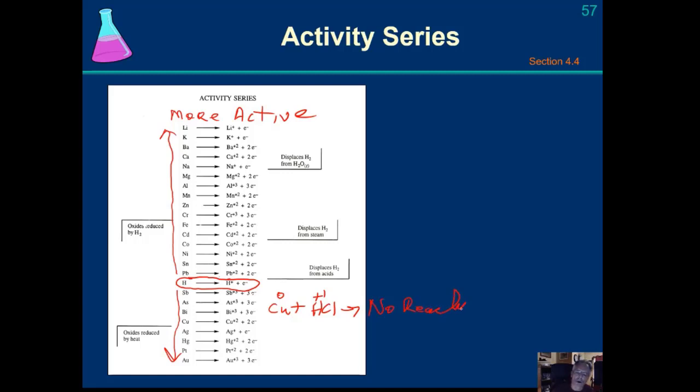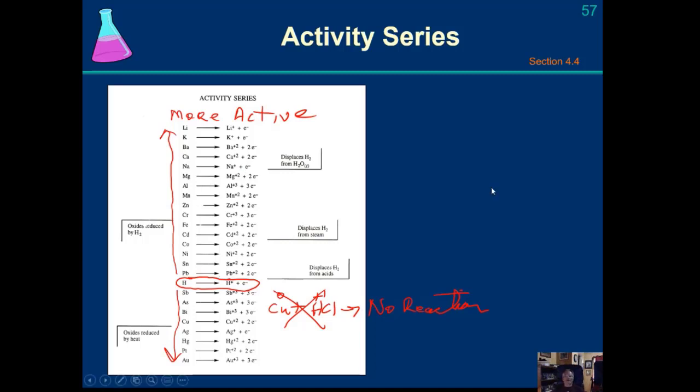So you can take copper metal, throw it into concentrated hydrochloric acid, and this reaction does not occur because copper is below hydrogen on the activity series. Whereas any metal that's above hydrogen on the activity series, that single replacement will occur.